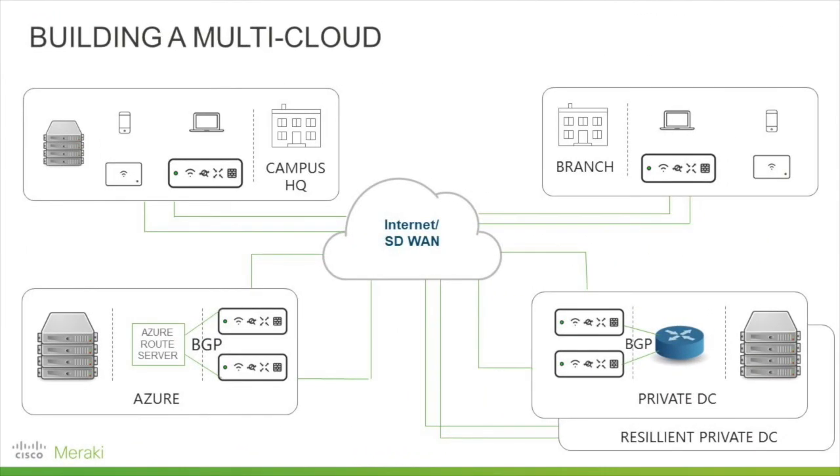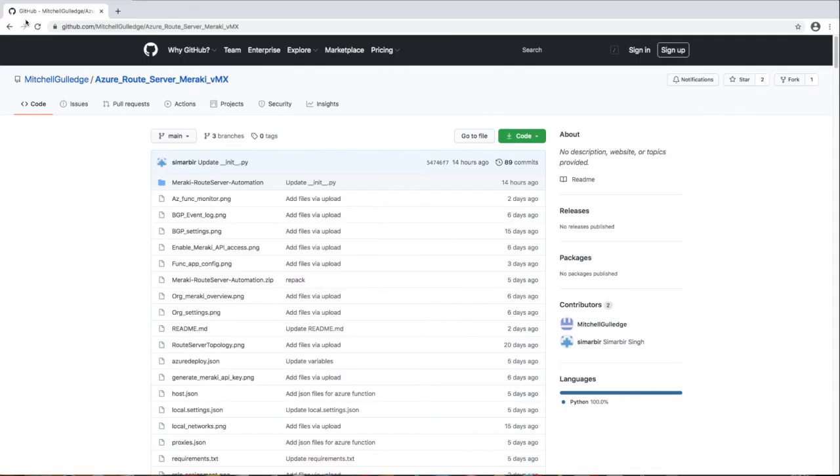So over the last 20 minutes we've created a multi-cloud with an Azure environment with dual connectivity into our SD-WAN environment. We're using the Azure root server to propagate routes into Azure and to provide resilience. Please note that the Azure root server at the time of recording is still in beta mode, so it shouldn't be used in production networks, but hopefully it will be in full production very soon.